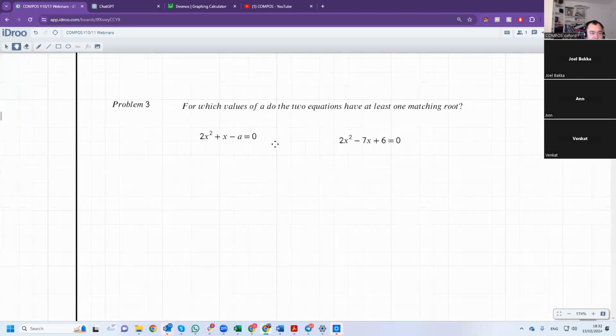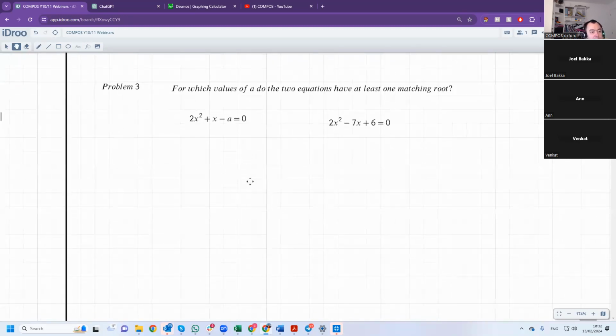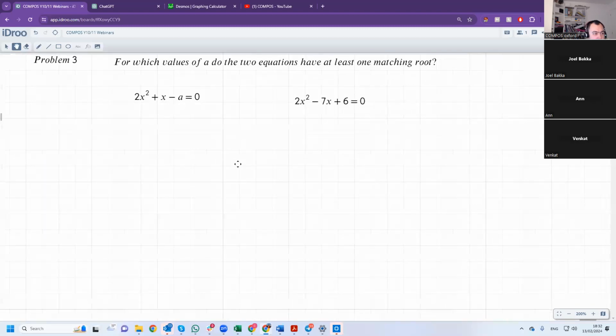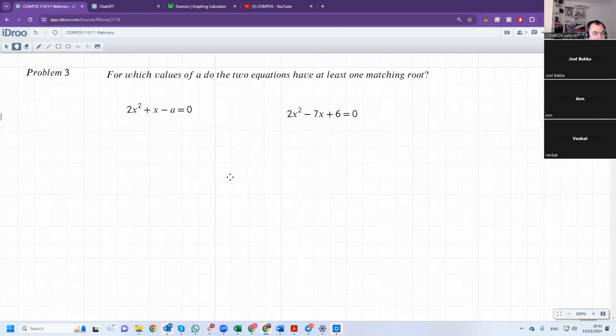For which values of a do the two equations have at least one matching root? Well, what can we do here? Well, we can find the roots of the second one. It's quite easy. What are the roots?